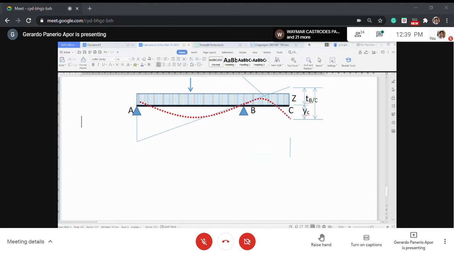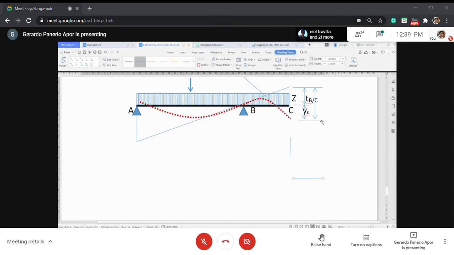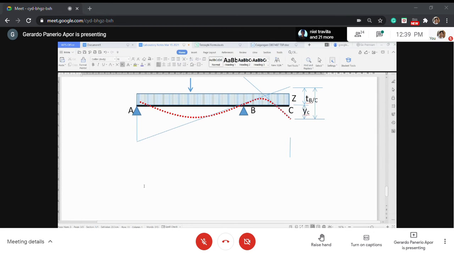Theta BC is the area of the moment diagram.